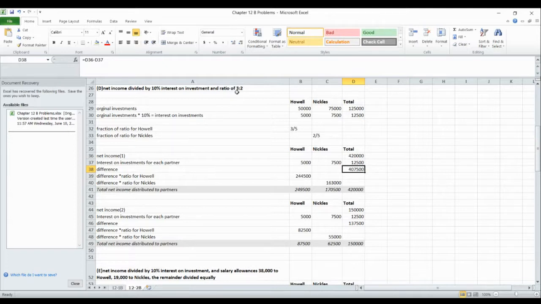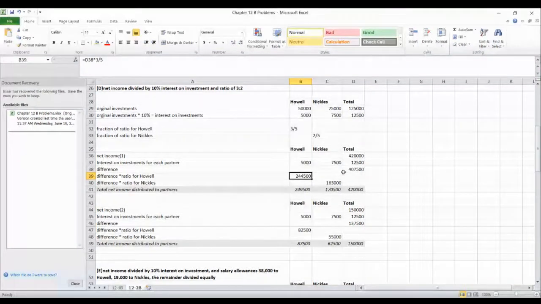Hal's ratio was 3 to 2, so Hal gets 3 parts and the other partner gets 2. So 3/5 is what we would have to multiply by this difference to get the amount of the net income that would be shared by Hal.